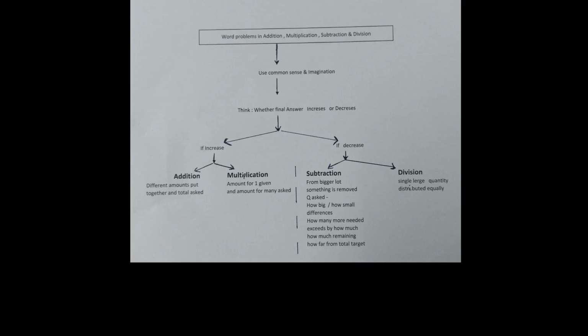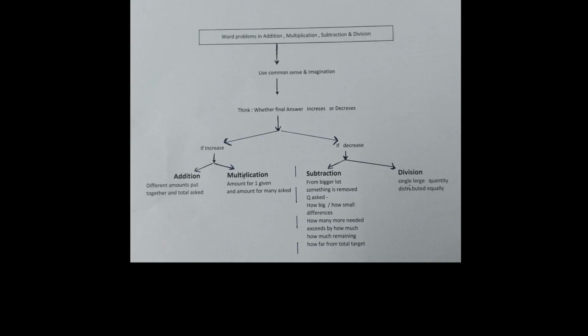If the final answer is going to decrease, then it could be a case of subtraction or division. From a bigger lot, if something is removed, then it is naturally subtraction. And if initially there is a single large quantity and this has to be distributed equally, then it is a case of division.